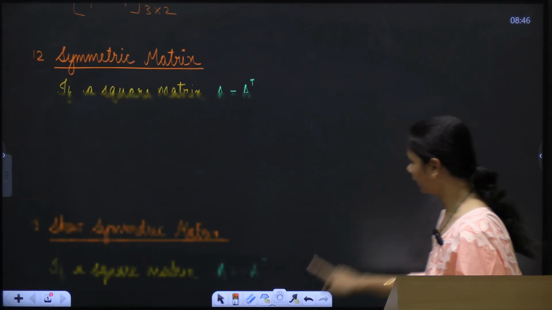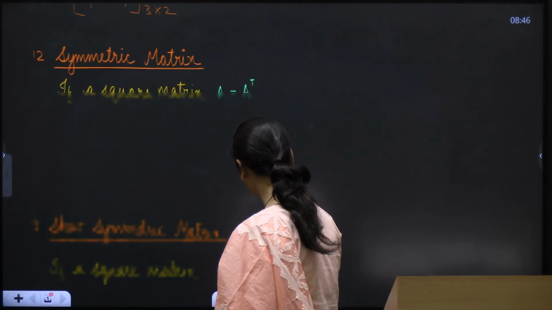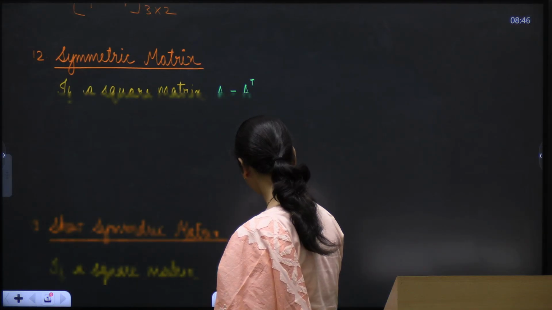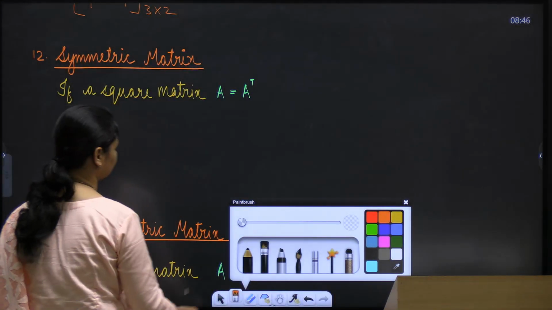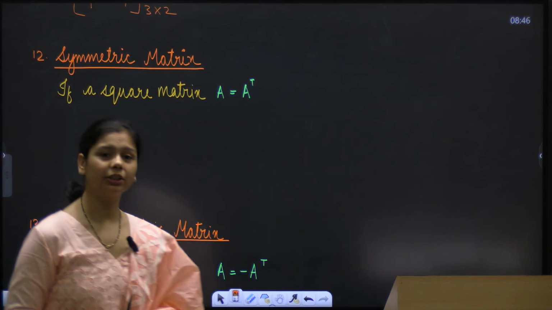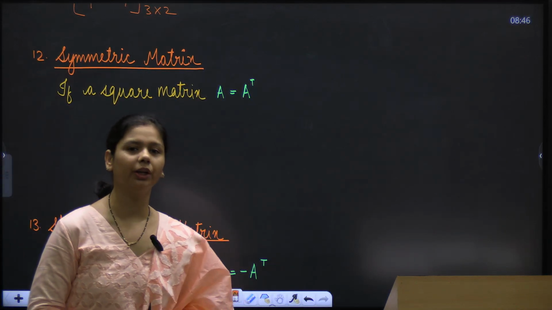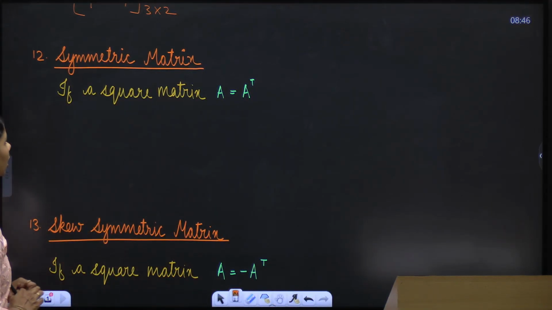Then the next type is the symmetric matrix. A symmetric matrix is a square matrix in which A will be equal to A transpose.